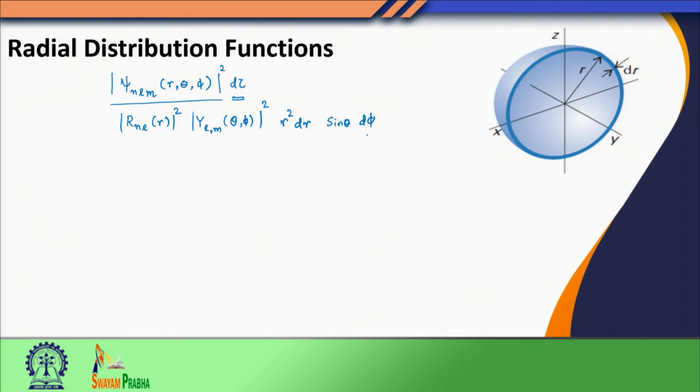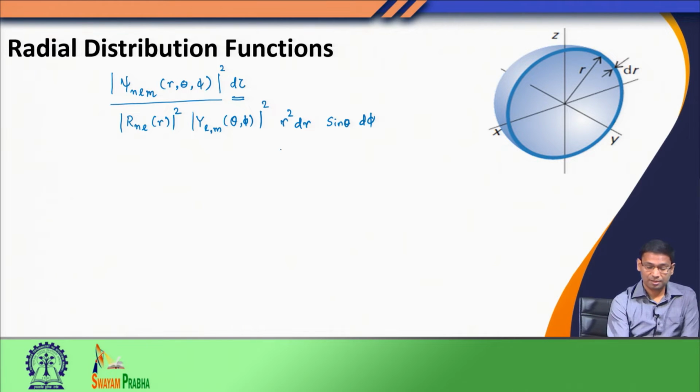What we are trying to do is find the probability of finding the electron anywhere between two concentric spheres of radius r and r plus dr. So, I am trying to find the probability for the electron to be found in this range between the two concentric spheres of radius r and r plus dr. How would I do that?